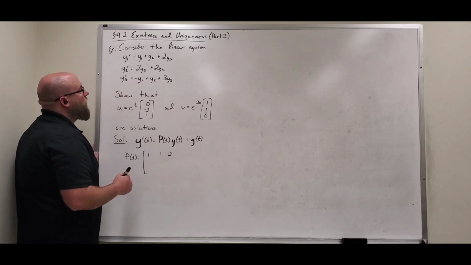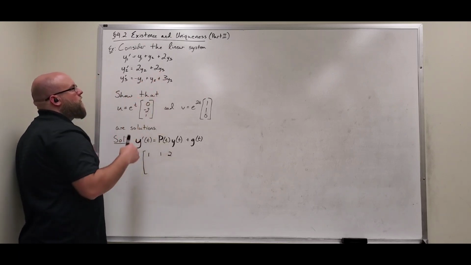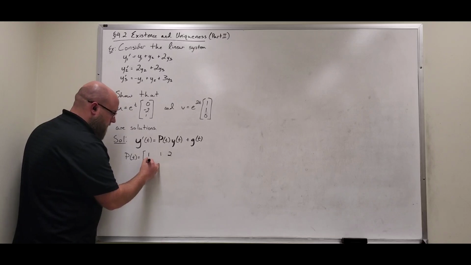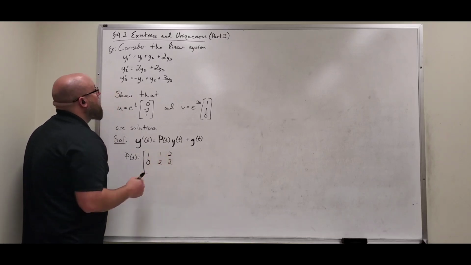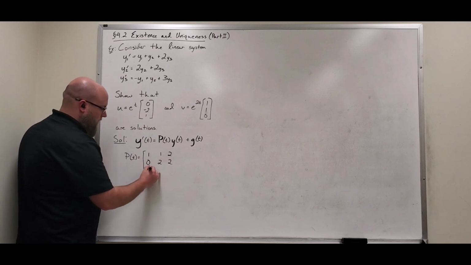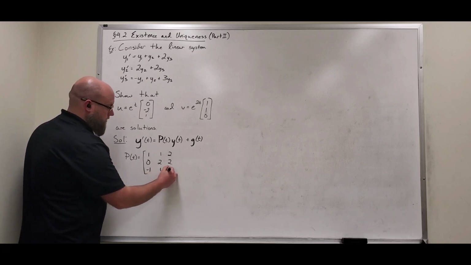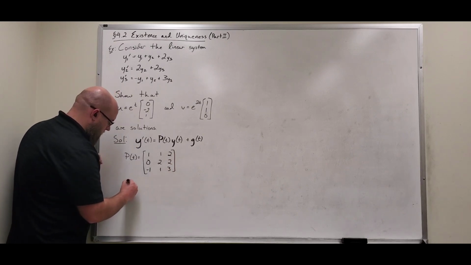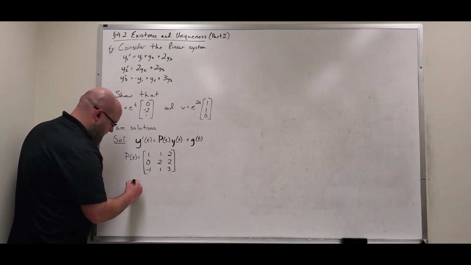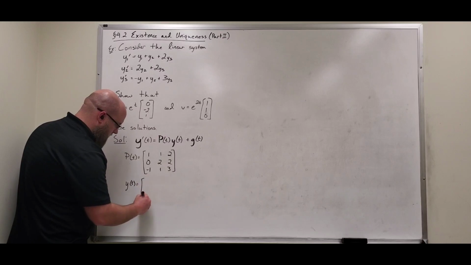Then we have y2 and y3, but there's no y1, so we're going to represent it by 0, 2, and then 2. And then we have -1, 1, and 3. And again, our y of t is represented as y1, y2, and y3.